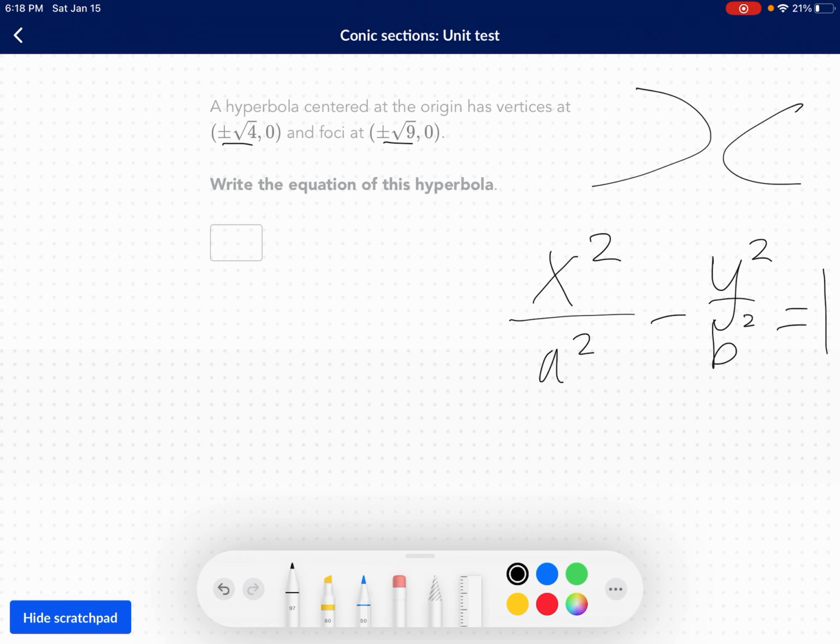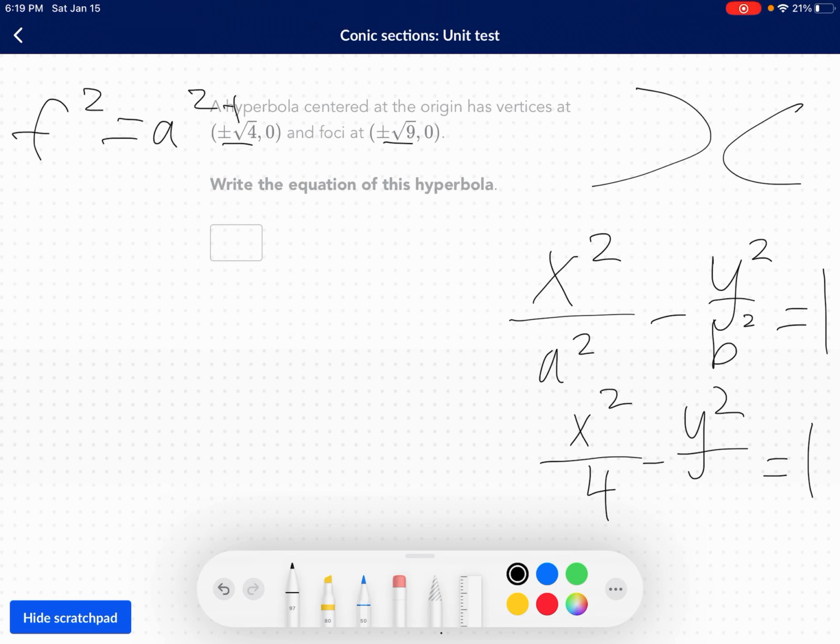You substitute everything: x squared over 4 minus y squared over b squared. We don't know b yet. So I used the focal length with the vertex to find it. The focus is at root 9. Wait, I'll write the formula first.